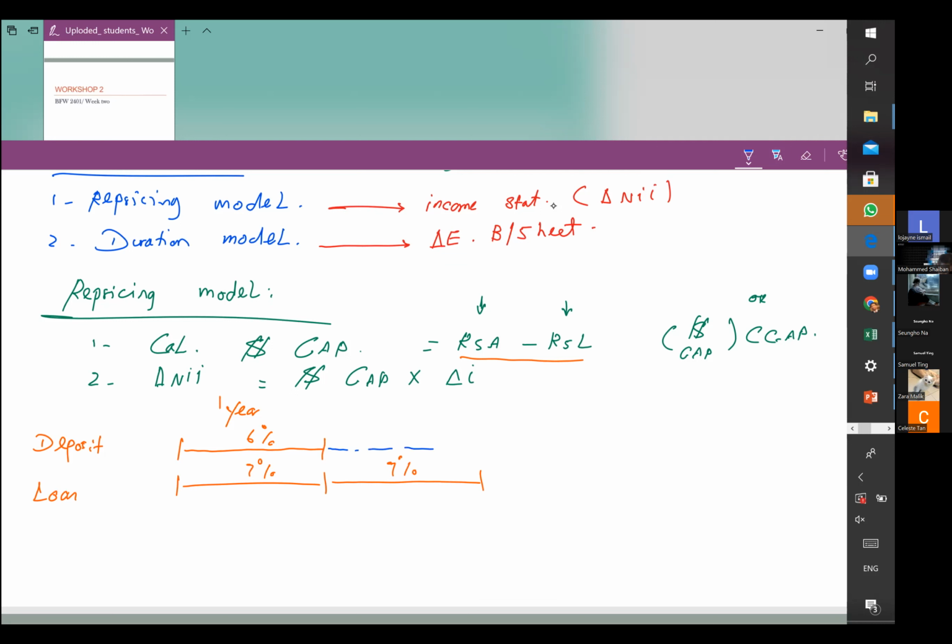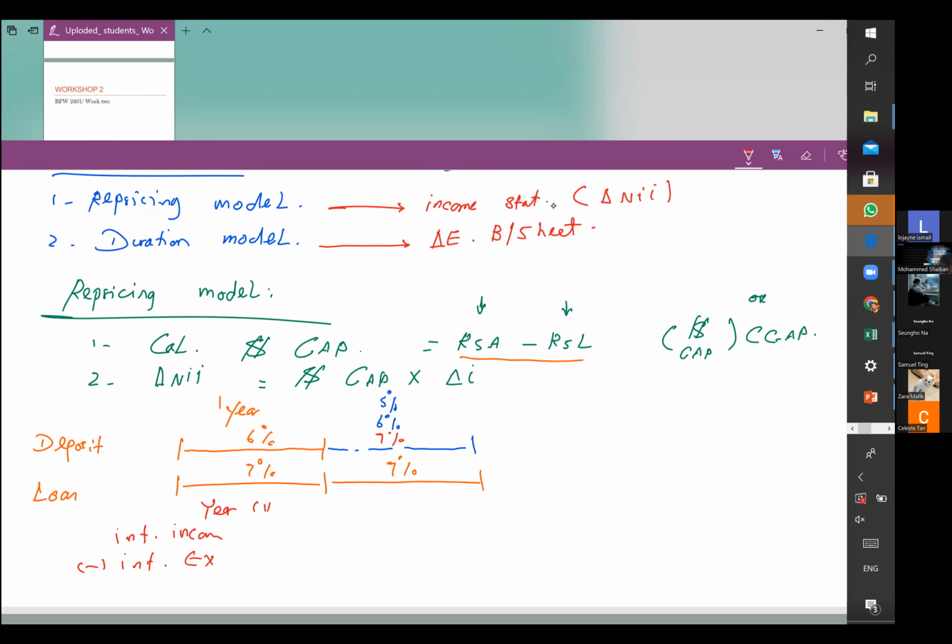So in the second year, I don't know what will happen to the interest rate. It could go up, down, or stay. So it can be 5%, or it can stay 6%. Or the problem is it can go to 7%, which I put in red because it's a risk. Now, calculating year one, net interest income is interest income minus interest expense.